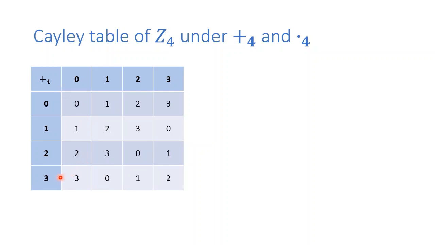Okay. So 3 plus 0 is 3. 3 plus 1 is 4, again that is 0. 3 plus 2 is 5. 5 is equivalent to 1 under modulo 4.